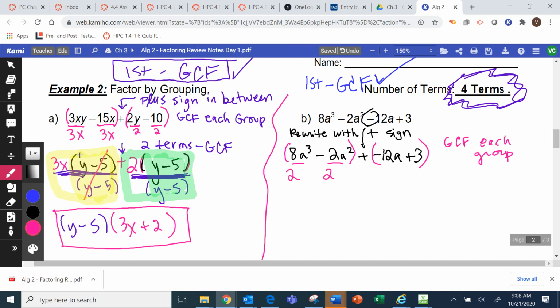Macy, one more question. Is there anything else that these two terms have in common besides numbers? How many a's maximum do they both have? One has 3 and one has 2, so how many do they have in common? Oh, 2 of them.